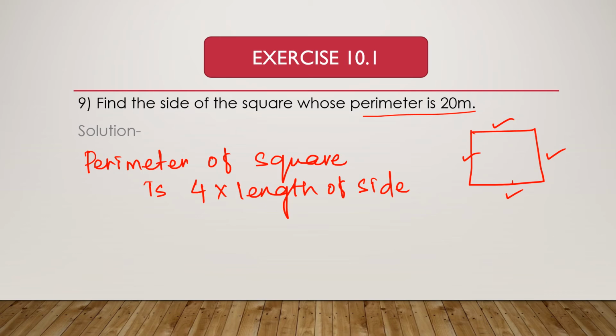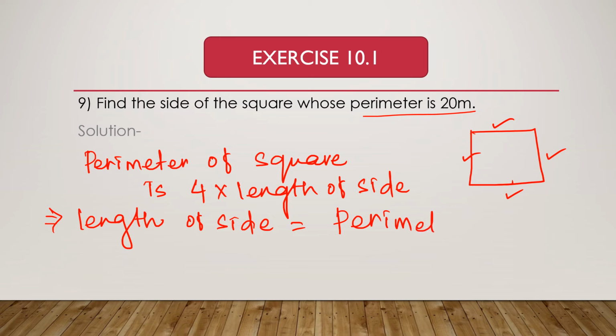So length of the side will be perimeter divided by 4. So 20 meter, perimeter is given 20 meter, 20 meter divided by 4.